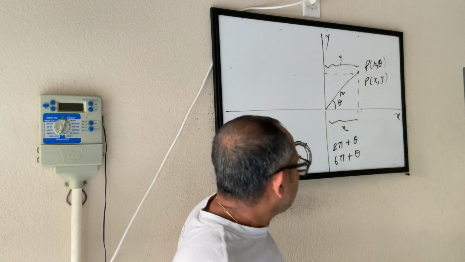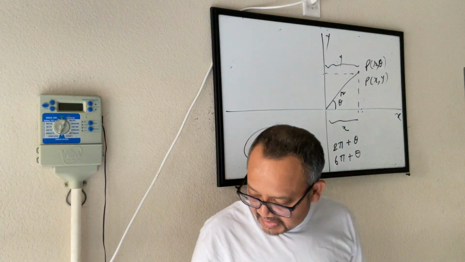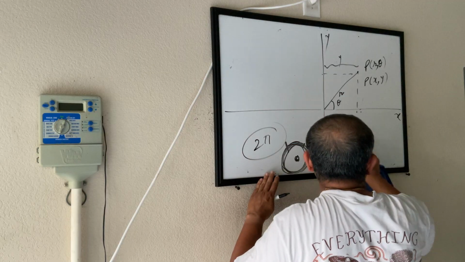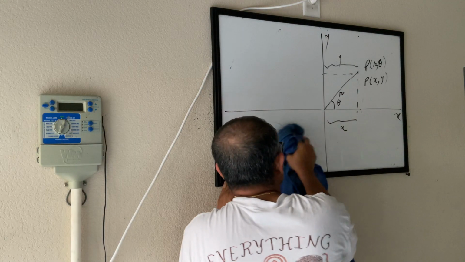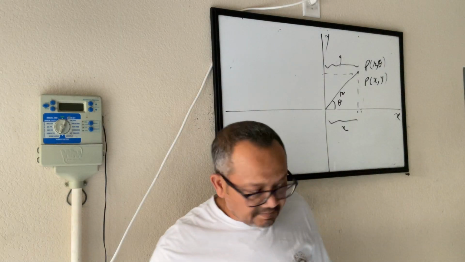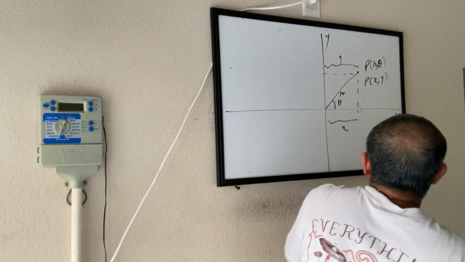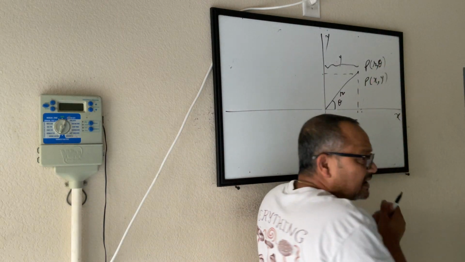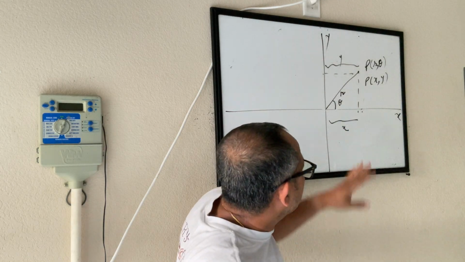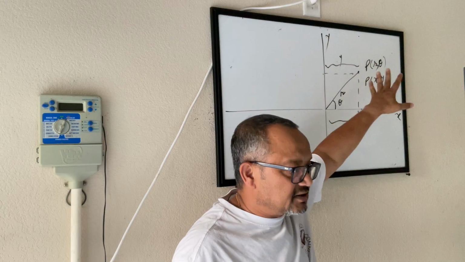Okay. Now, so far we have been able to convince ourselves why we need to even worry about learning a new concept called polar coordinates. So now look at this. Is this something that is unrealistic or hypothetical? No. It's just a different representation.